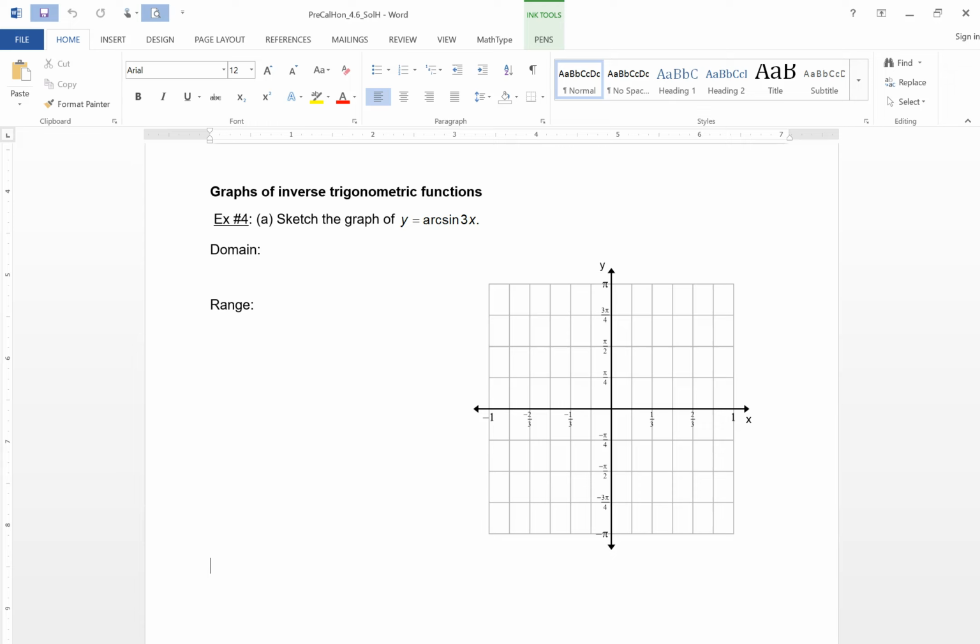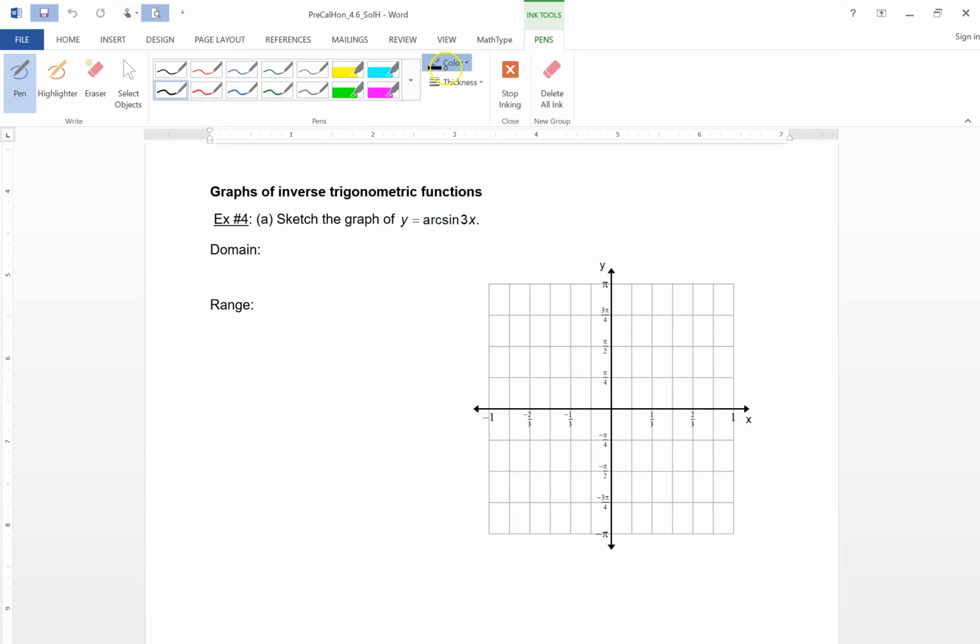So what I have here is, I'm just going to write this in the other notation, as y equals inverse sine of 3x. So I haven't changed anything at all. I just wrote arc sine as sine to the power of -1.